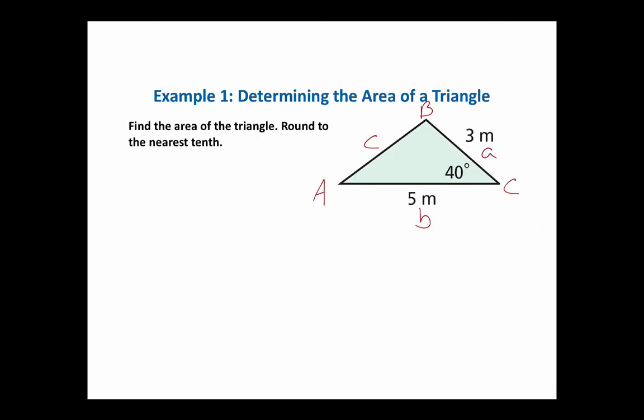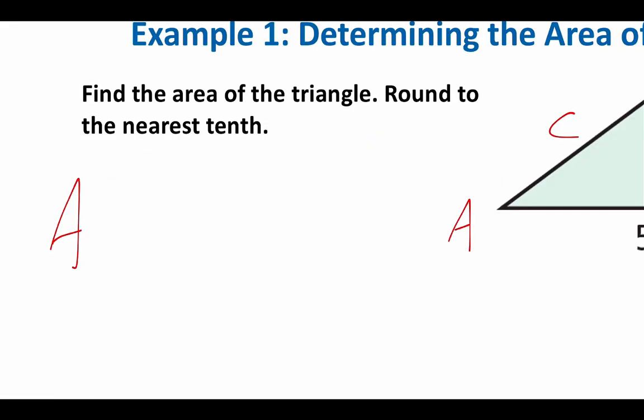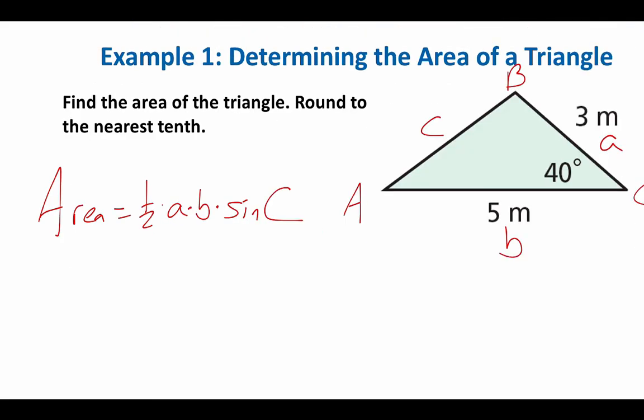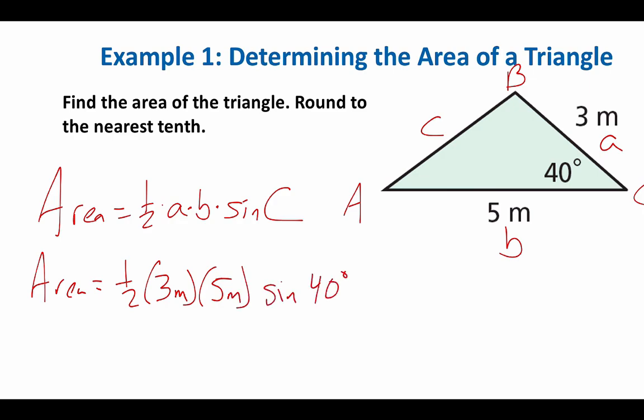The area equals 1/2 times A times B times the sine of angle C. Now we know some information here: area equals 1/2, side A is 3 meters, side B is 5 meters, and then we do the sine of angle C, which is 40 degrees.